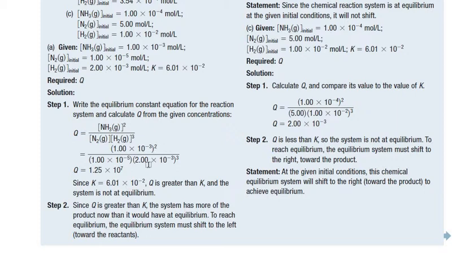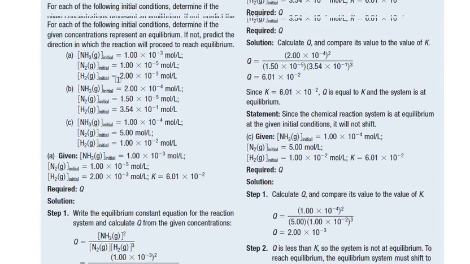To reach equilibrium, the system must shift to the left toward the reactants. Since Q is much greater than K, we have lots of products, and it has to shift to the reactant side, the left-hand side.